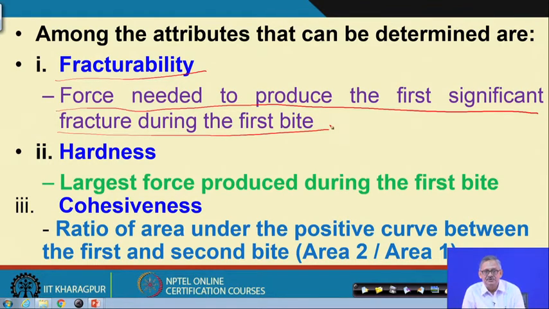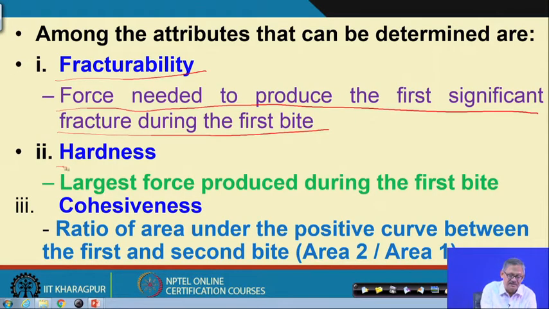The force which is required to make the significant fracture in the product during the first bite, that is the fracturability. So, you are now able to quantify it, right.